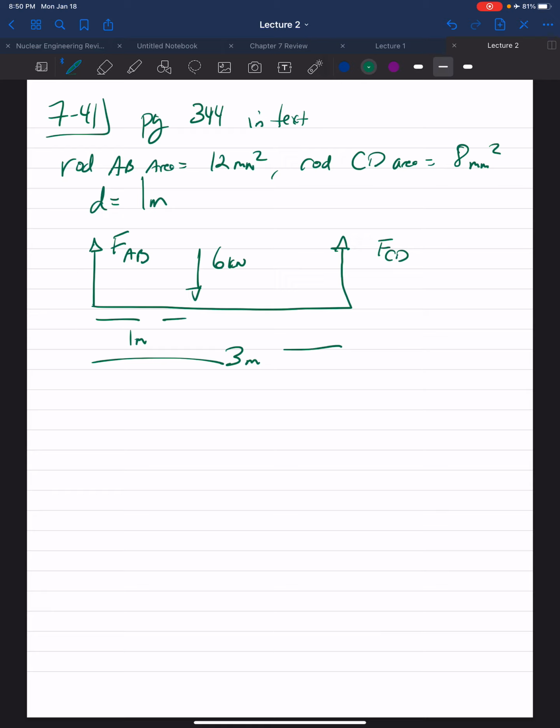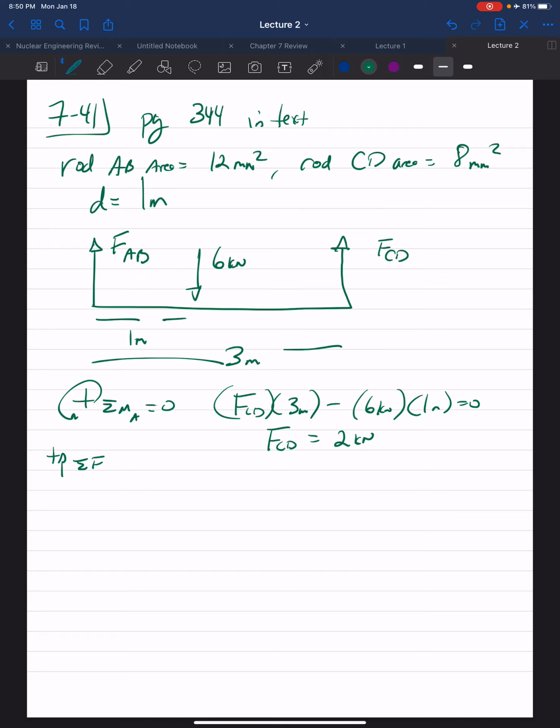So we need to know the force in the rods AB and CD. Take the sum of the moments about point A equals 0 for equilibrium. We have your FCD times 3 meters minus 6 kilonewton force times the 1 meter. FCD is 2 kilonewtons.